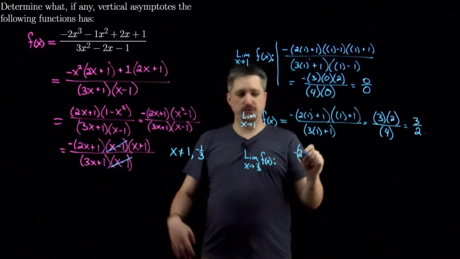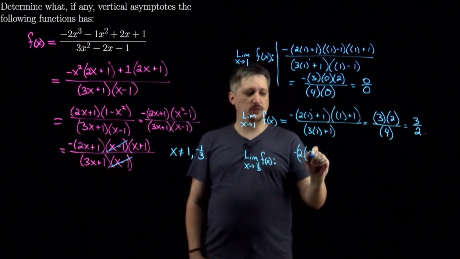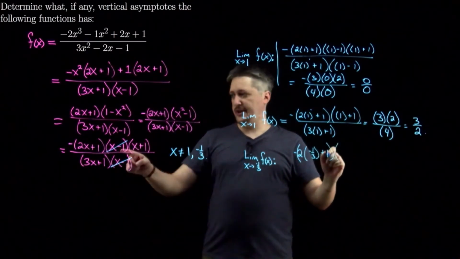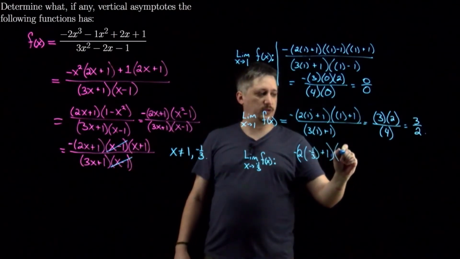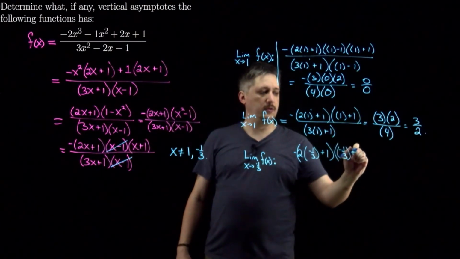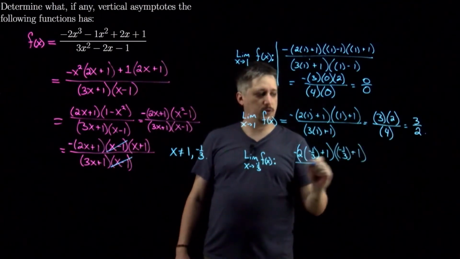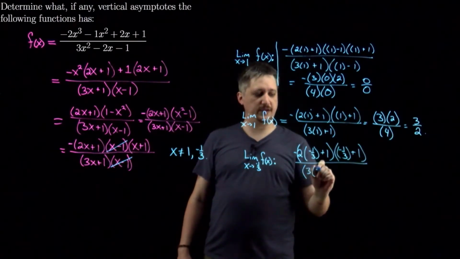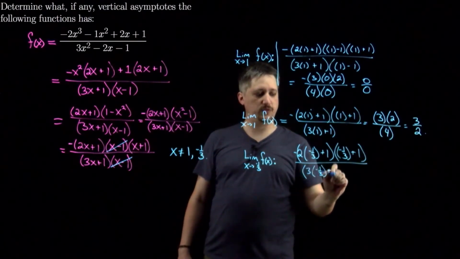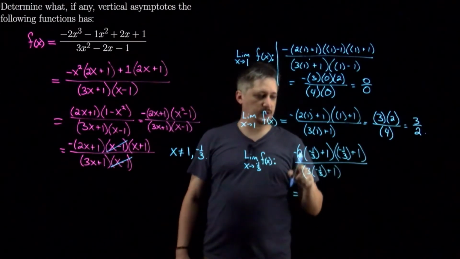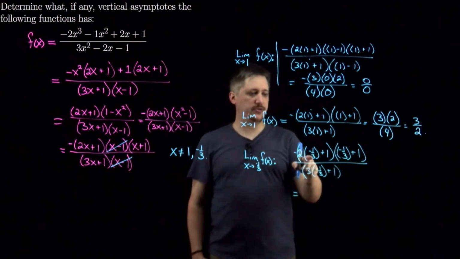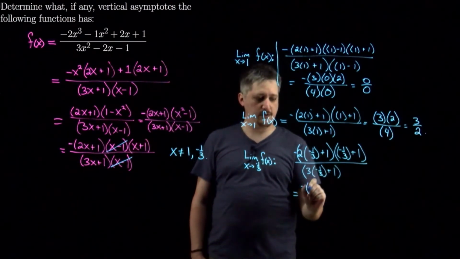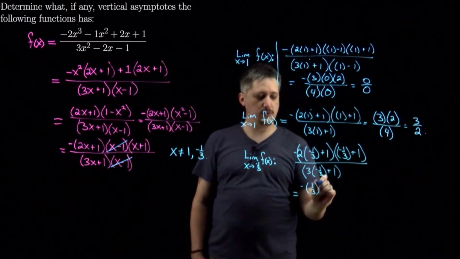So I get negative 2 times negative 1/3 plus 1. That got canceled, so then I get negative 1/3 plus 1 all over 3 times negative 1/3 plus 1. And that equals, let's see, 2 times negative 1/3, that's negative 2/3 plus 3/3 is 1/3.